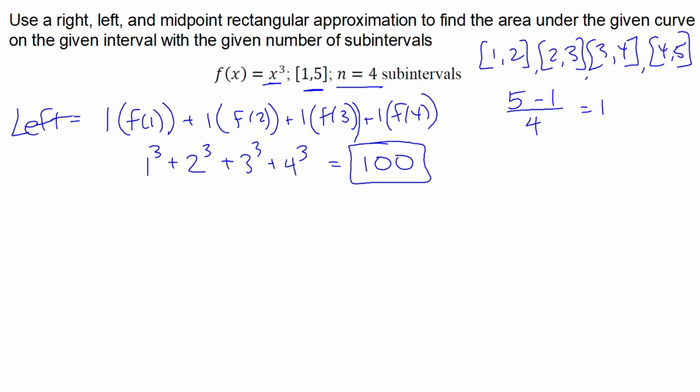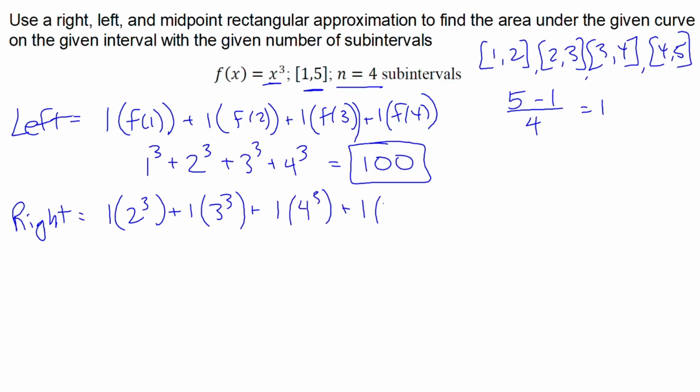And then we'll do the right approximation. For our right approximation, we're just going to do the right-hand endpoints there. So we're looking at 1 times the right endpoint of 2 cubed plus 1 times the right endpoint of 3 cubed plus 1 times the right endpoint of 4 cubed plus 1 times the right endpoint of 5 cubed.